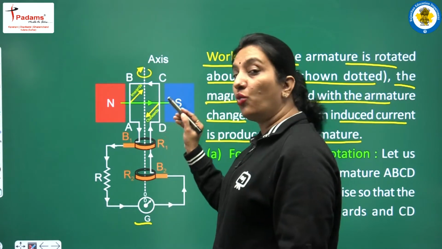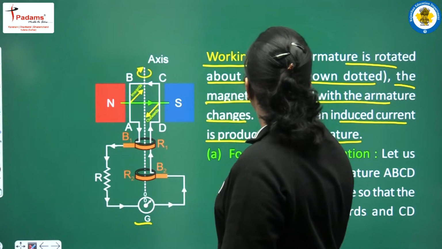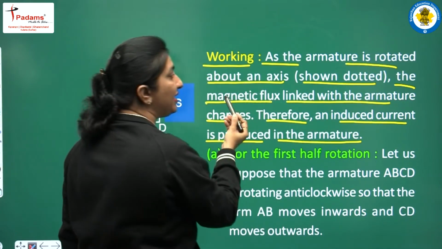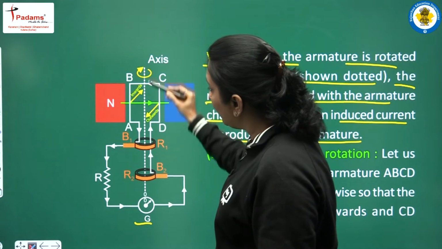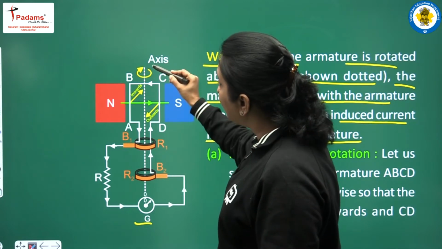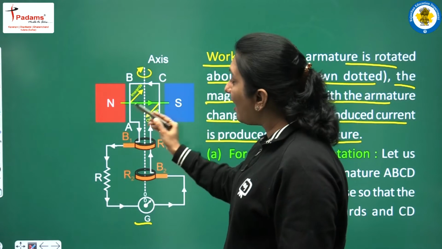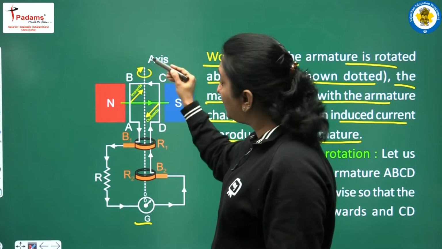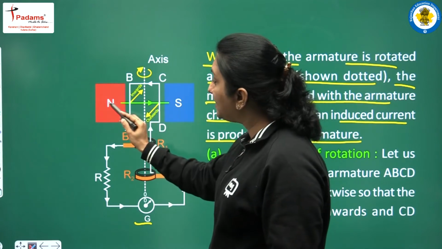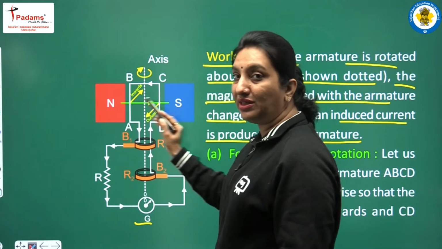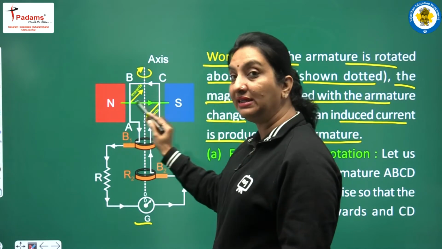Now students, as the armature is rotated about an axis, this axis is shown dotted. You can see this dotted line, this is the axis, and when the armature is rotated about this axis between the strong north and south pole, the magnetic field direction from the north pole to the south pole is shown by the green line.